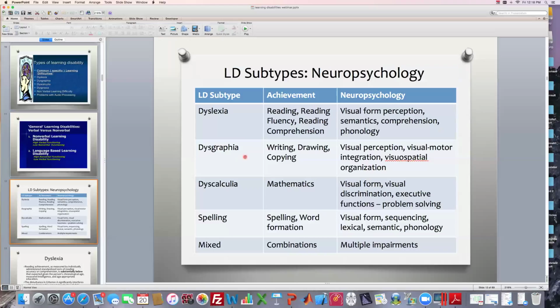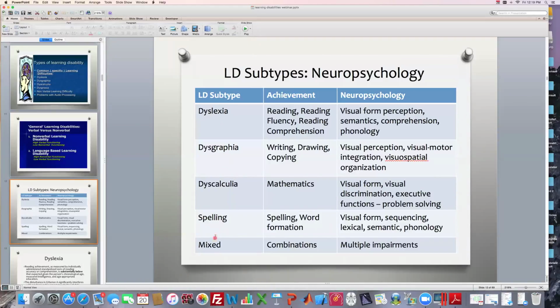In dysgraphia, or writing delays, we see problems with visual perception, visual motor integration, or visual spatial organization. In dyscalculia, basically mathematical deficits, we see problems in visual form, visual discrimination, and also executive functioning related to problem solving. With spelling deficits, we mainly see visual form deficits, sequencing, lexical, semantic, and/or phonological deficits.